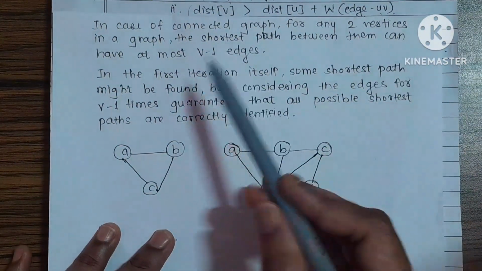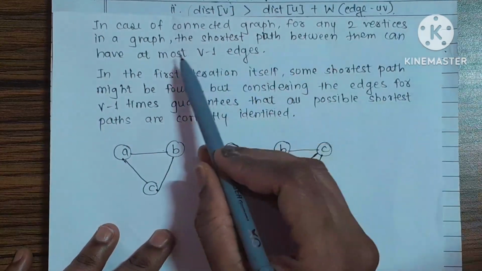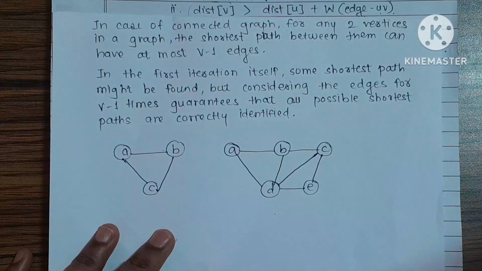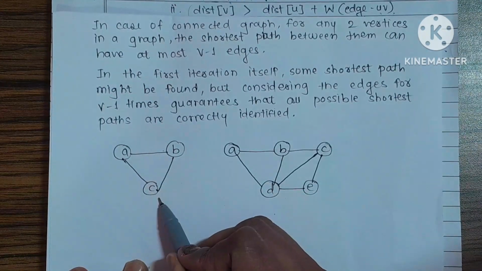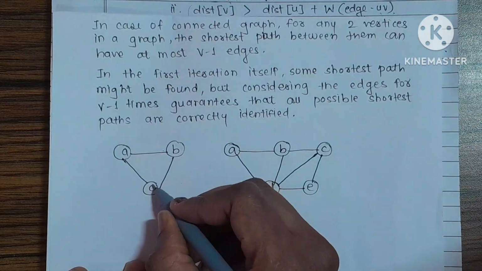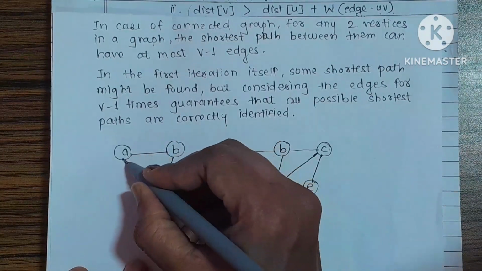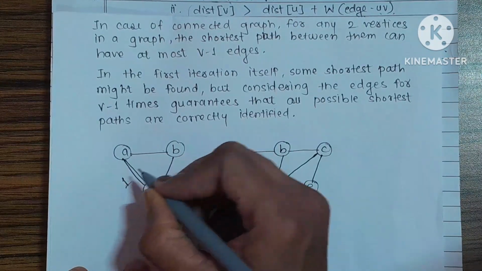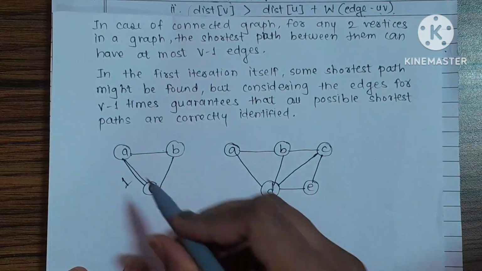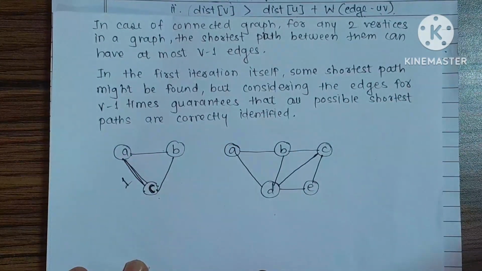This is the reason. In any connected graph, for any 2 vertices, the shortest path between them can have at most V minus 1 edges. So see, this is a graph with 3 vertices. The C vertex is reachable from A through this edge AC.